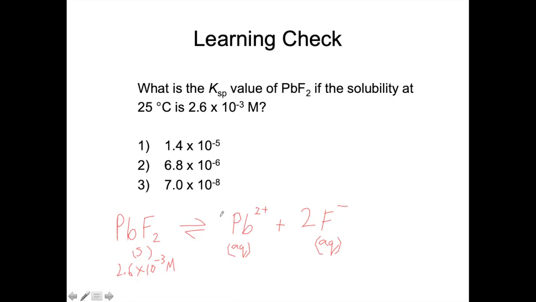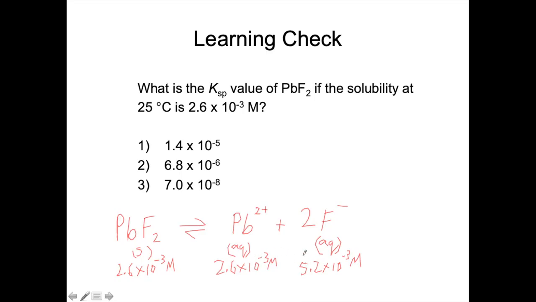Note that for every lead-2 fluoride, we get one lead ion, but we get double the number of fluorides. So when it comes to calculating your KSP value, your lead ions are still going to be 2.6 times 10 to the negative 3 molar because of that 1-to-1 ratio. But for our fluoride ions, we're going to double that number. It's going to be 5.2 times 10 to the negative 3 molar. So keep that in mind when you're solving for the value of KSP.